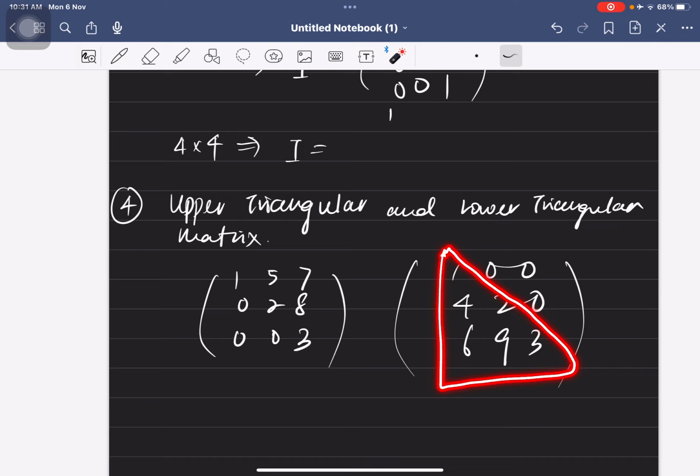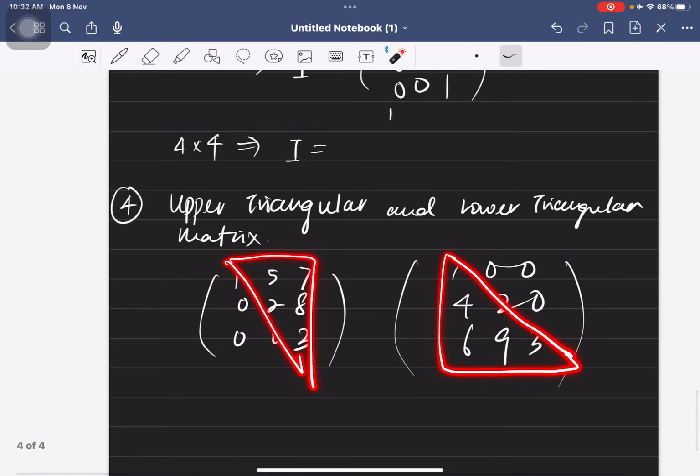It means the lower triangular part is filled up with other numbers, and the rest are all 0. So we are always looking at this side, the leading diagonal is always here. Then we look at this lower triangular, and the upper triangular is here. The rest, not in the red box, the entries are all 0s.